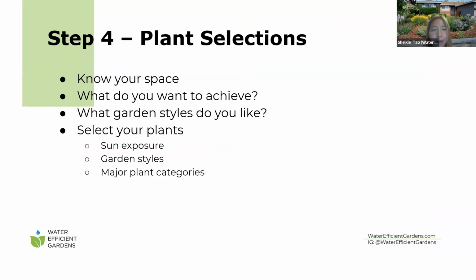Then we come to this very important step of selecting your plants. The plants, as we talked about, should do well in the specific spot with the sun exposure, the soil condition, the garden style, and so forth.